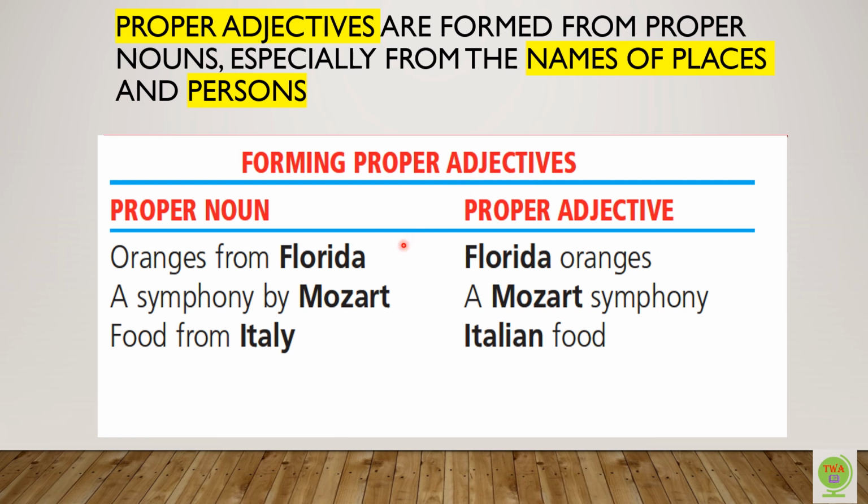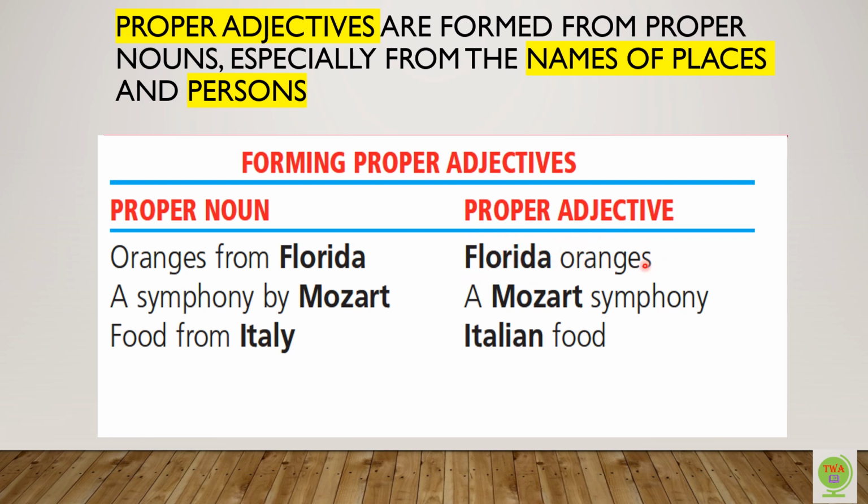All right, let's start from Florida as a proper adjective. Florida oranges. That means the oranges are described as being from Florida. So this word Florida here is not used as a proper noun but as a proper adjective describing the oranges.